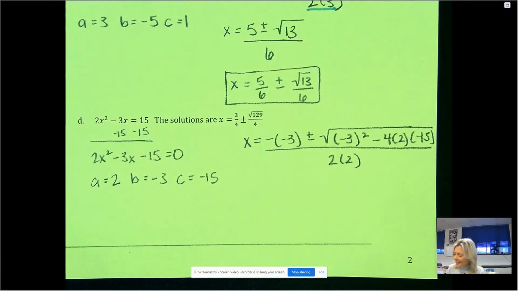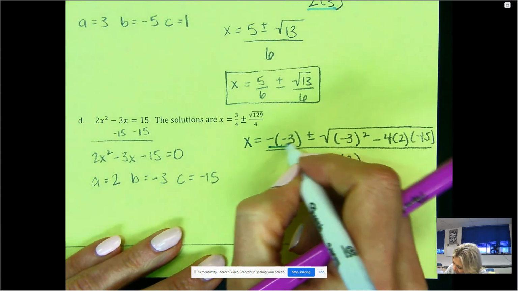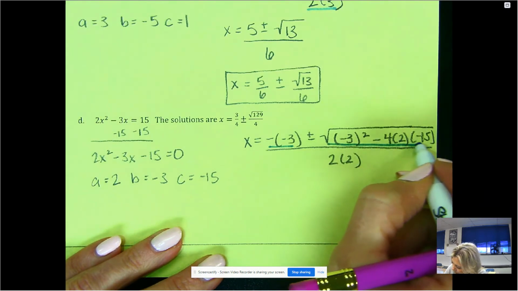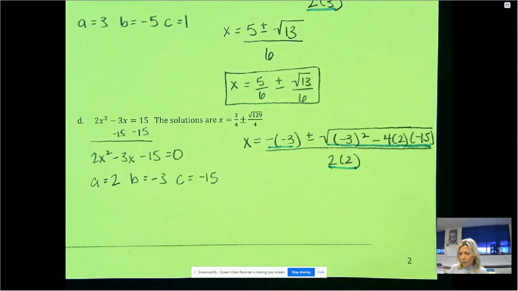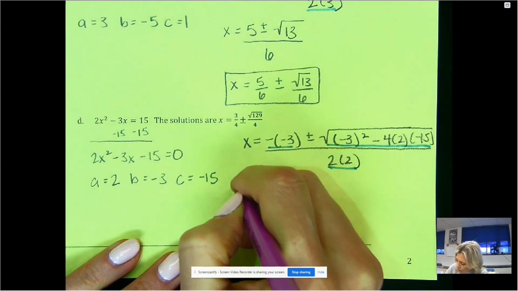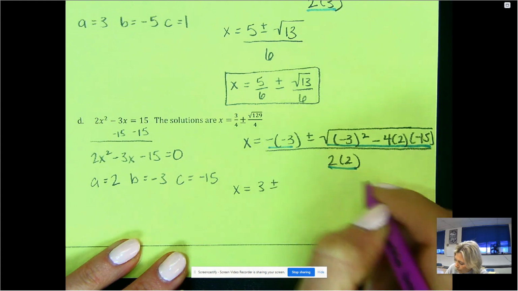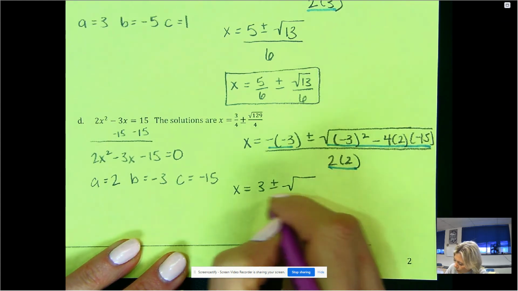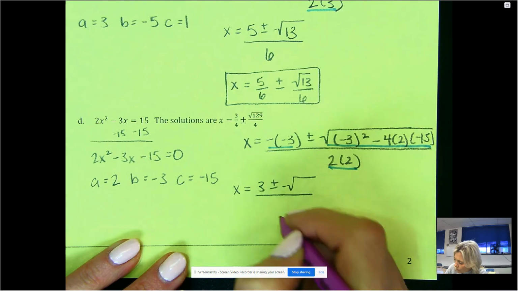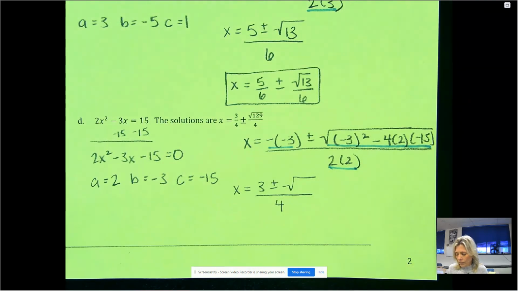All right, one more time. We clean up in 3 places: 1, 2, 3. Negative negative 3 is just equal to 3. Find that square root. 2 times 2 is 4.